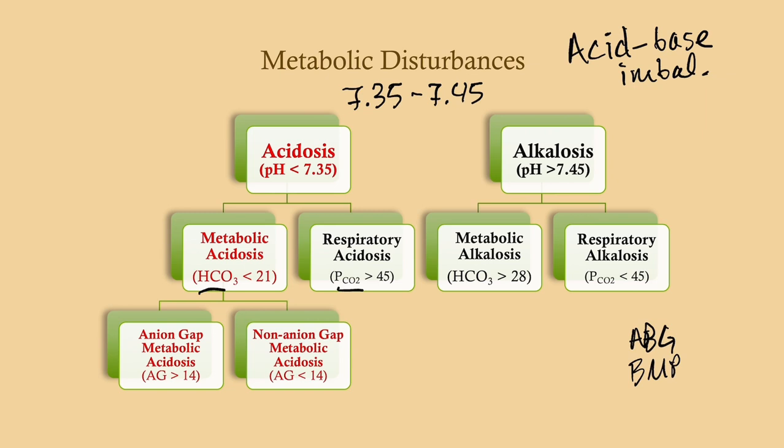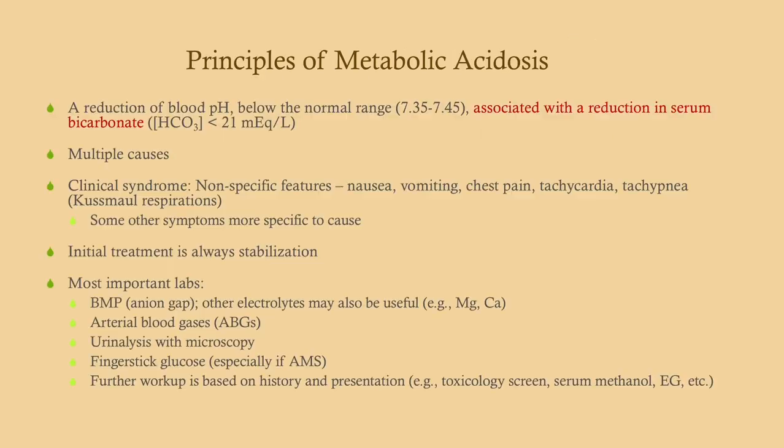Now, with metabolic acidosis, we can also distinguish this in two flavors. The anion gap metabolic acidoses, which is going to be the primary focus of our talk here, and the non-anion gap metabolic acidoses, which are a little bit less complex. There's fewer causes.